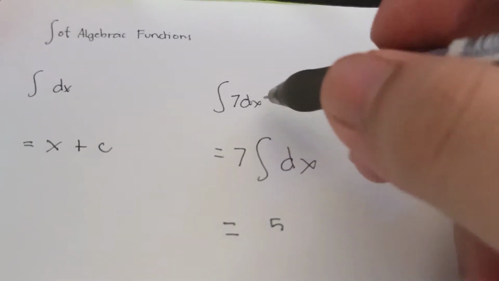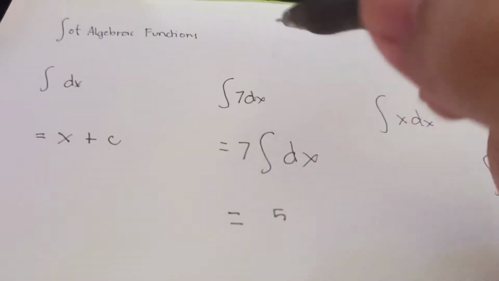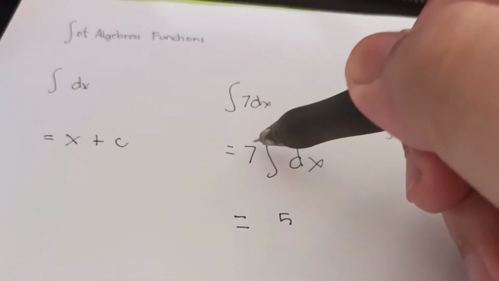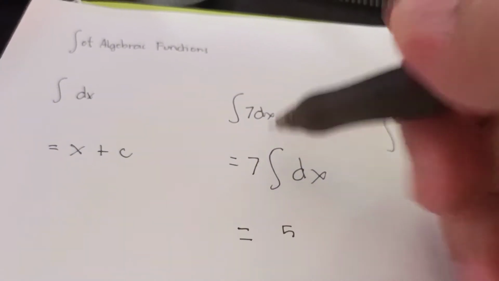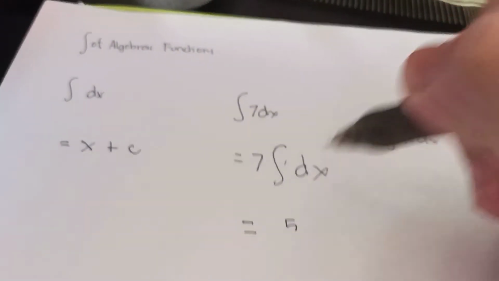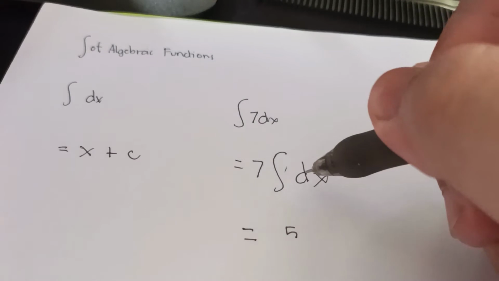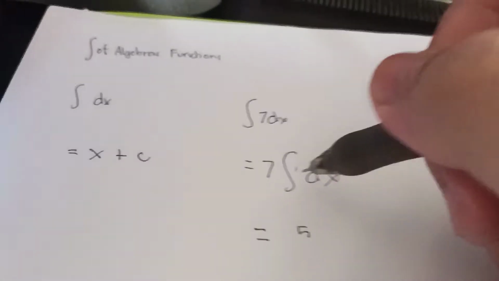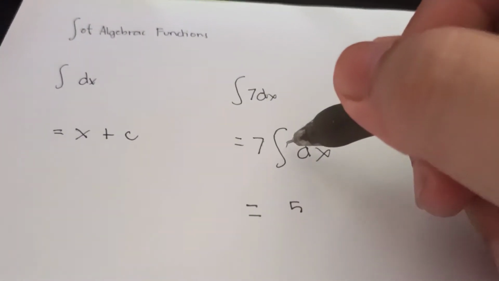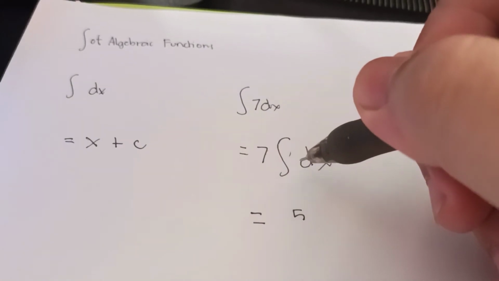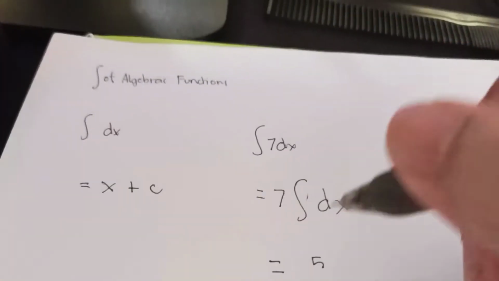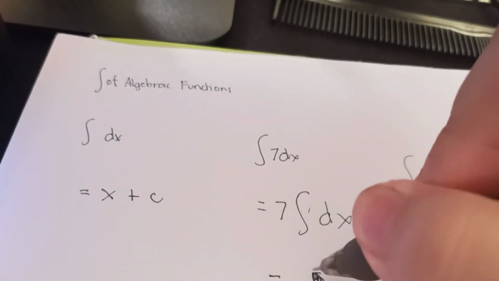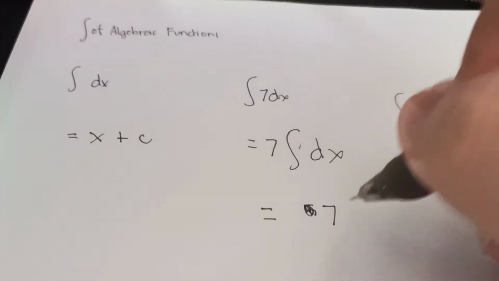And for the second problem, we have the integration of 7 dx. Since 7 is a constant, we must separate it first and then place the integration of dx. In order to find the answer, we multiply 7 to the integration of dx.